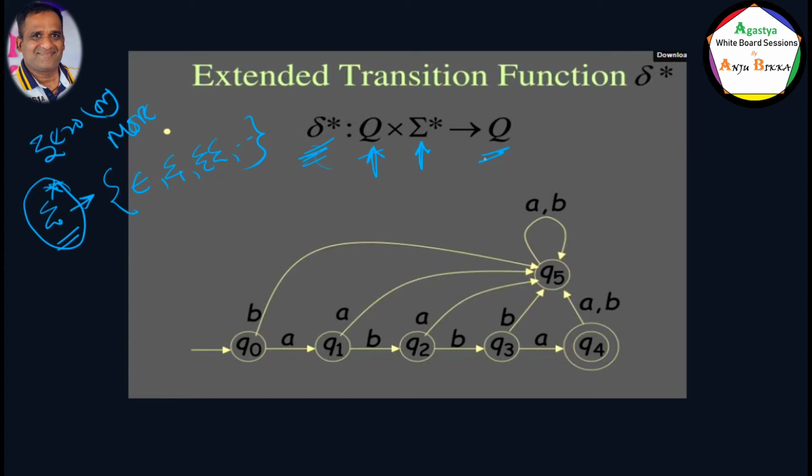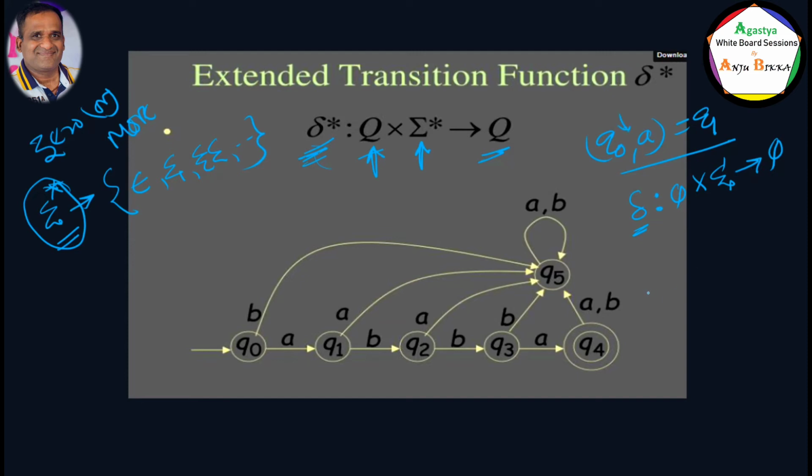What does it mean? Now we are in a state Q, on reading a we reach Q1. This we represent in the form delta of Q and sigma gives Q naught. So this transition is represented like that.